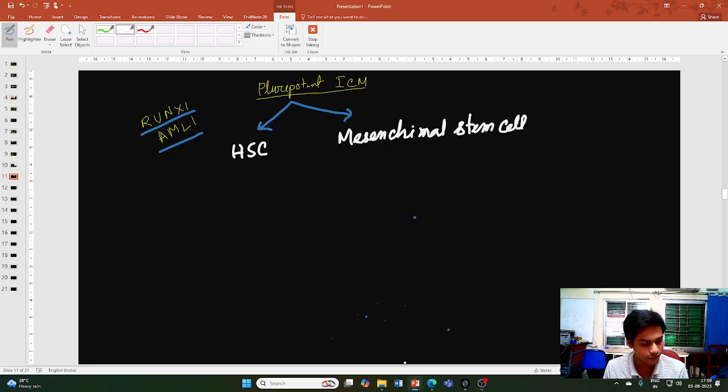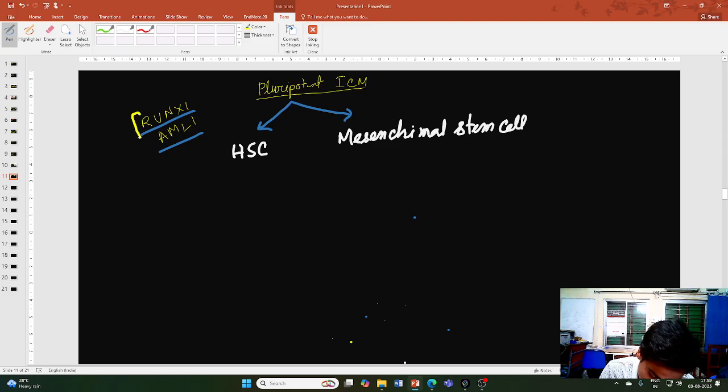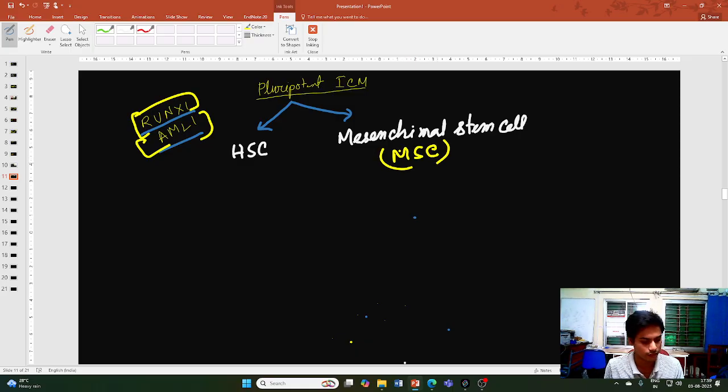So one will be the HSC, under the control of the RUNX1 gene and AML1 gene, and it changes to the HSC. Another one will be the MSC, the mesenchymal cell.